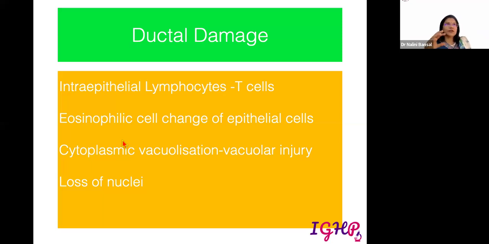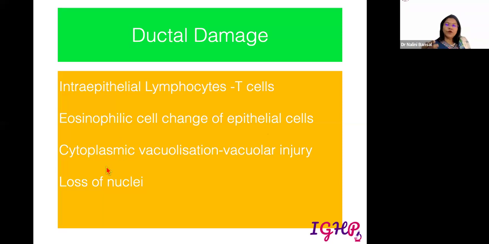Their cytoplasm, which is somewhat amphophilic in nature, is going to become eosinophilic. Instead of an amphophilic appearance, the cells are now going to assume an eosinophilic cell change. So there is more eosinophilia in the cytoplasm of the ductal epithelial cells. So when we see eosinophilia, we know that there is some degree of damage occurring in the epithelial cells of the bile duct.